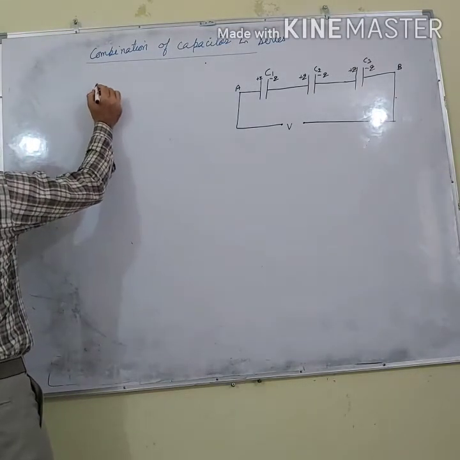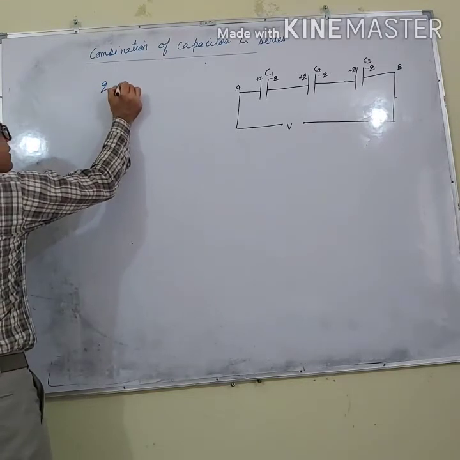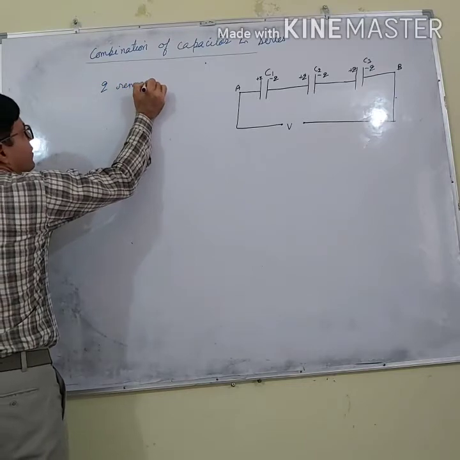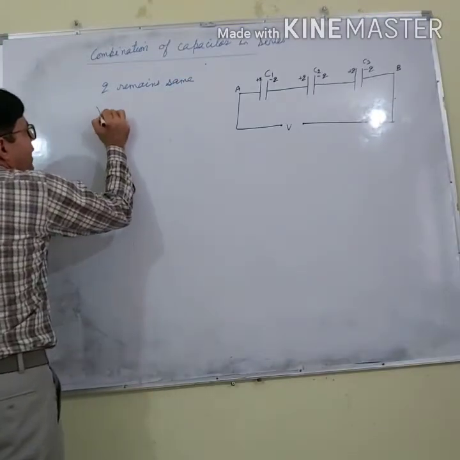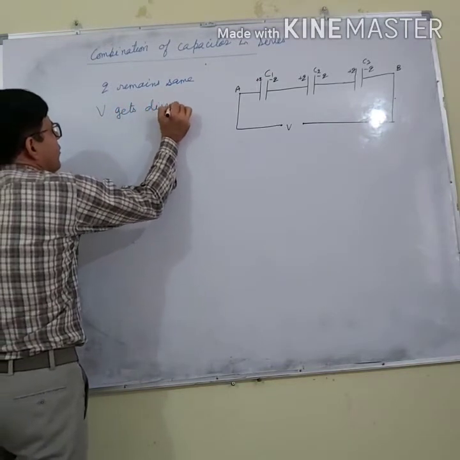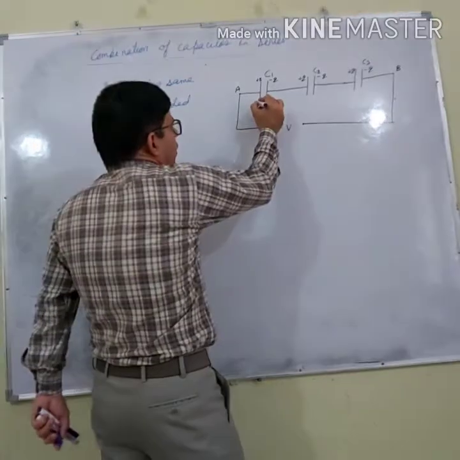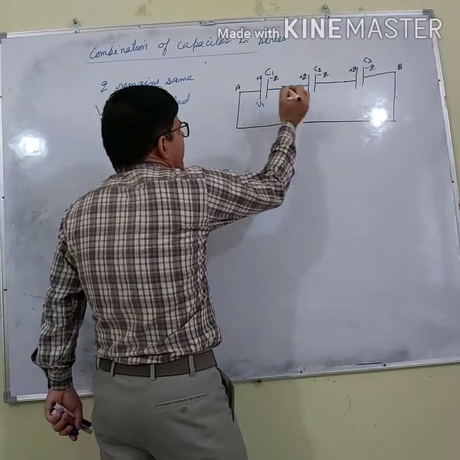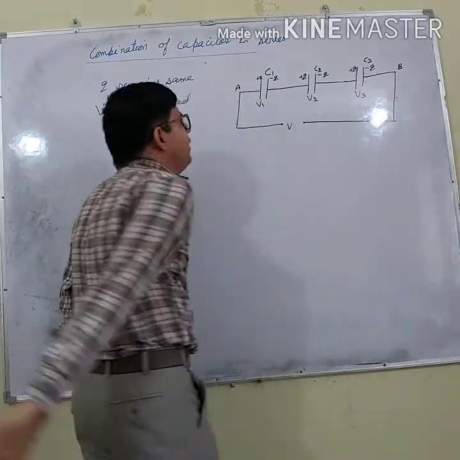Now listen students, in series combination charge remains the same and V gets divided. Right? So let us say this is V1, this is V2 and V3.